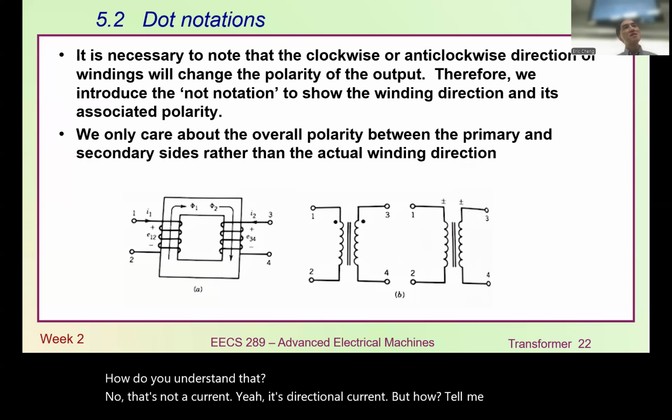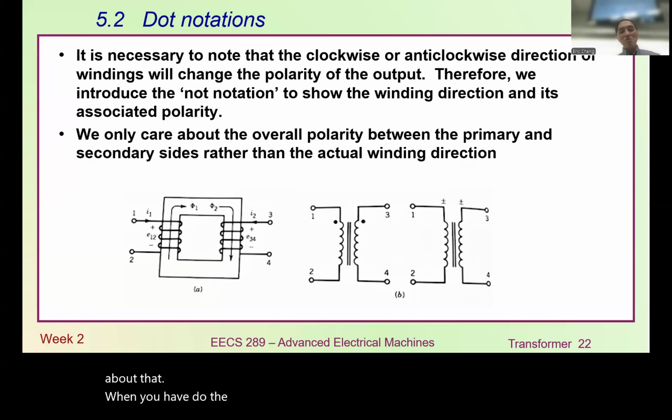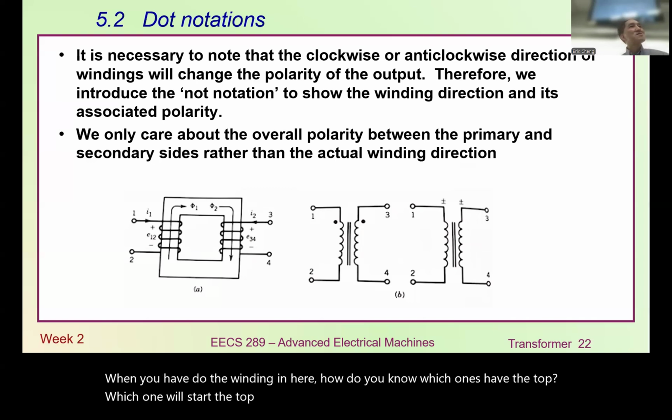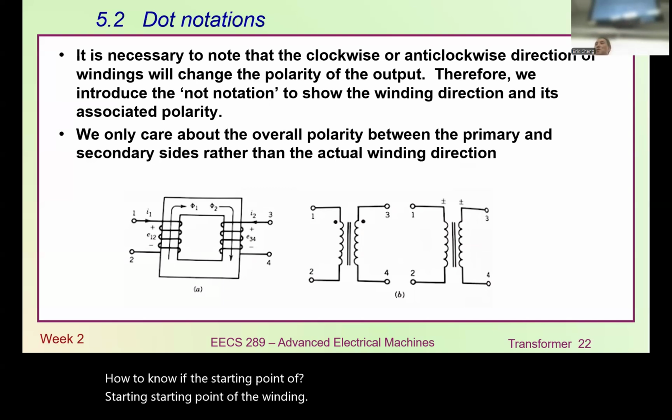When you do the winding, how do you know which one has the dot and which one is without the dot? How to locate the dot? The starting point of the winding. Firstly, the starting point of the winding.